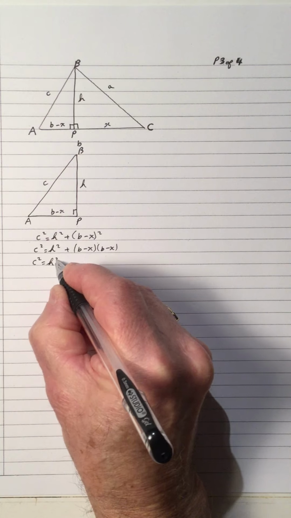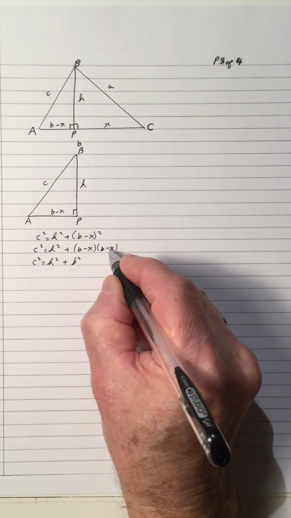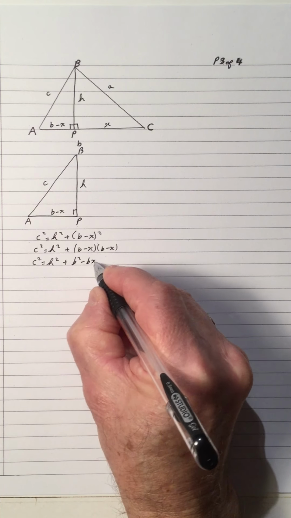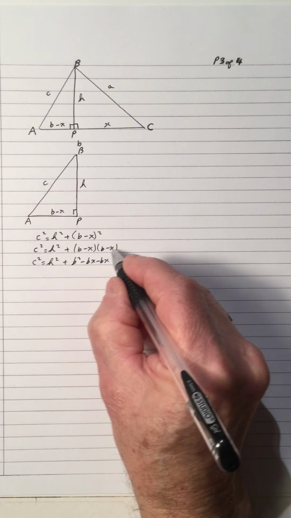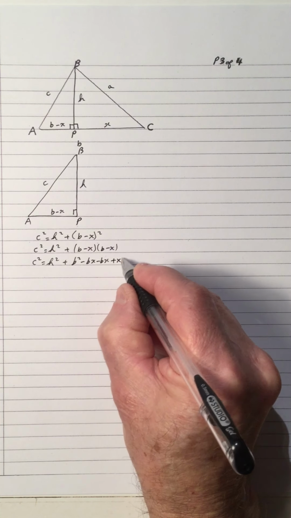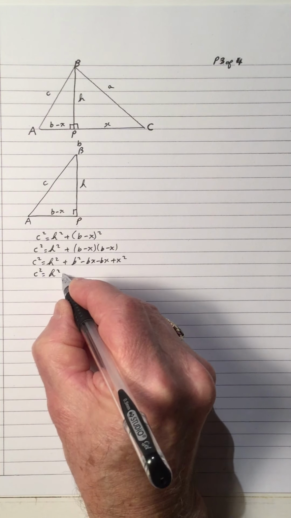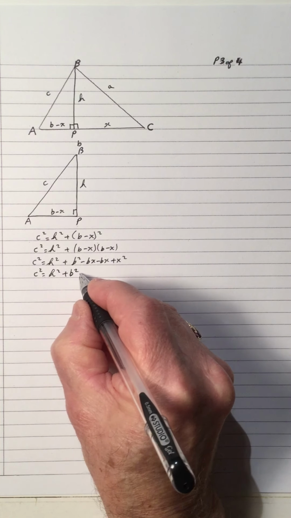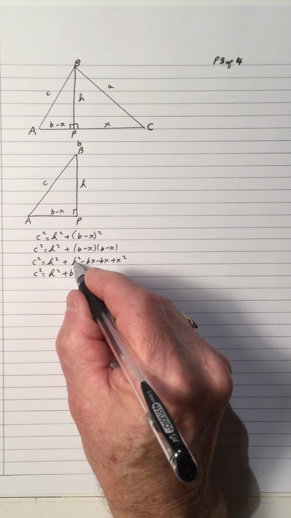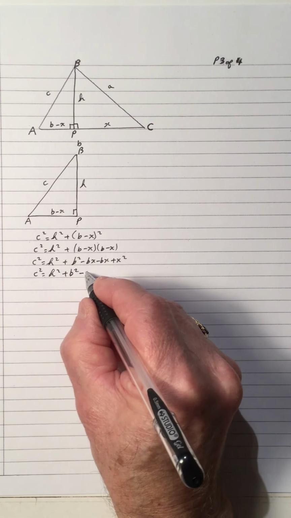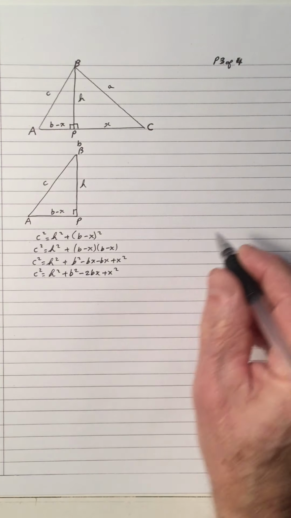B times b is b squared. B times negative x is negative bx. Negative x times b is a negative bx. And negative x times negative x is a positive x squared. So we'll simplify: c squared equals h squared plus b squared minus 2bx plus x squared.